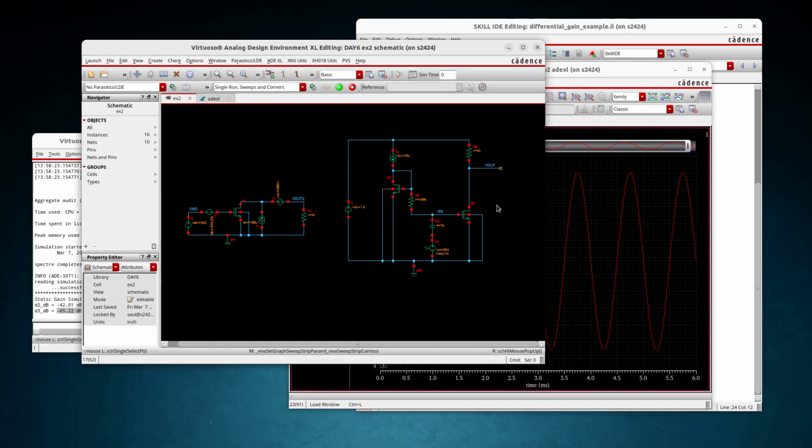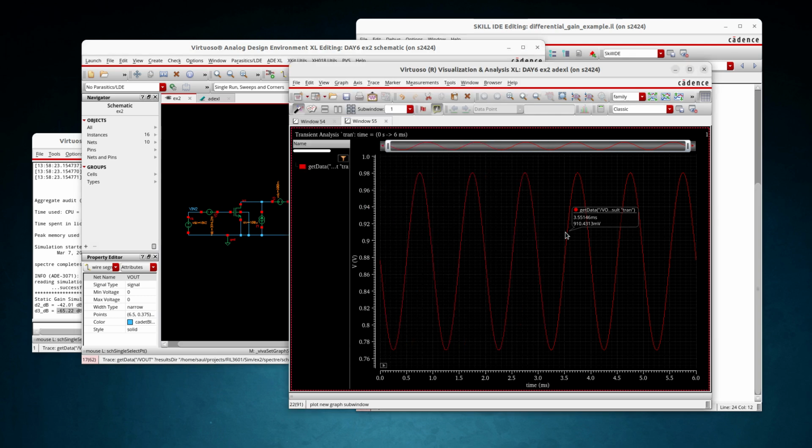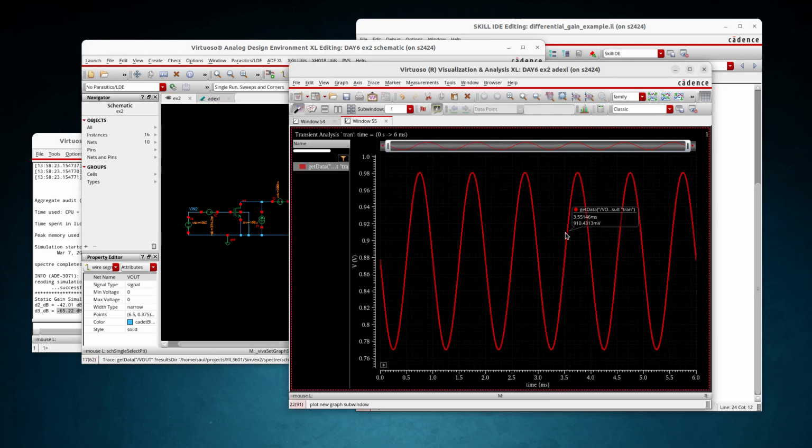The transient simulation is taking the output from the circuit on the right, the final circuit that has already been designed with bias included.